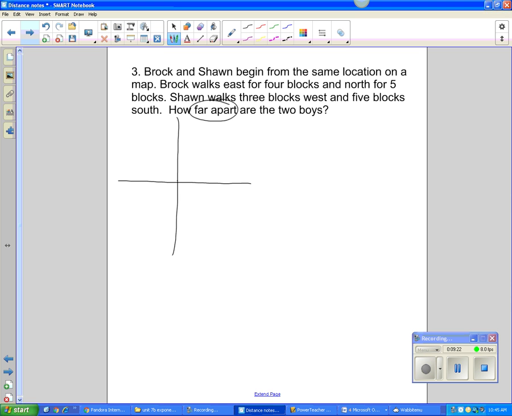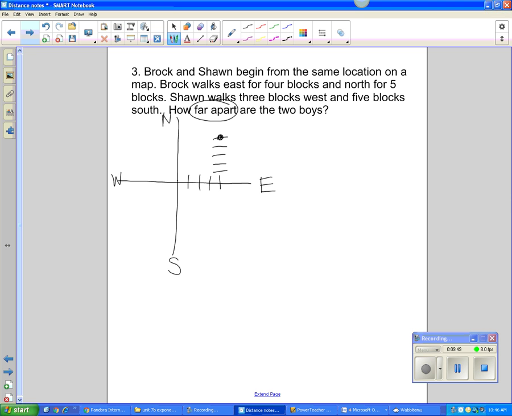Okay, what does it say Brock does? Which way's east? So remember, we're on the East Coast. If this was America, we're on the East Coast, and this is the West Coast, and South, and North. All right, so he walks east 4 blocks. So I'm going to go 1, 2, 3, 4. 1, 2, 3, 4, 5.